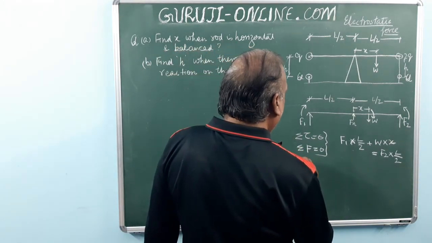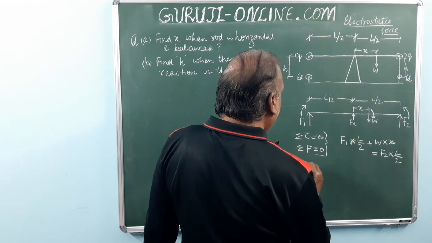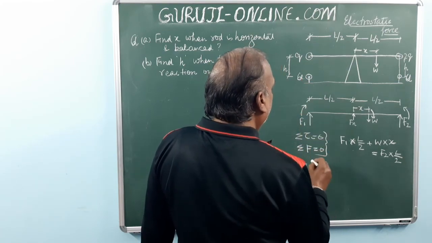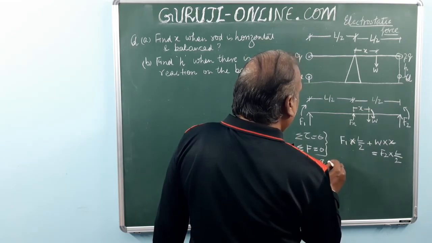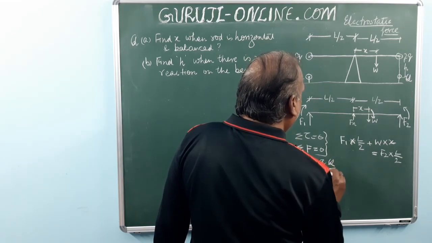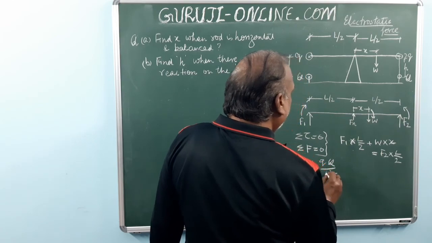Now here F1 is nothing but K Q into Q upon H square.